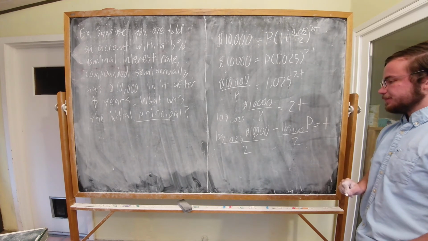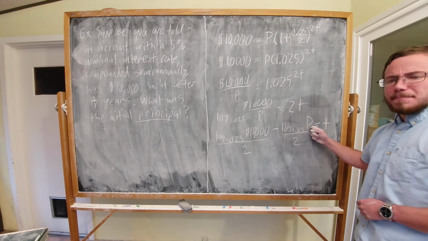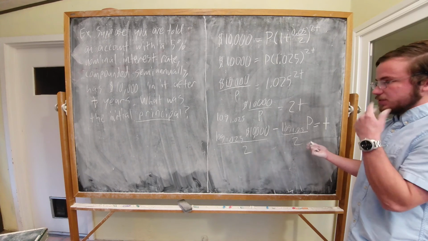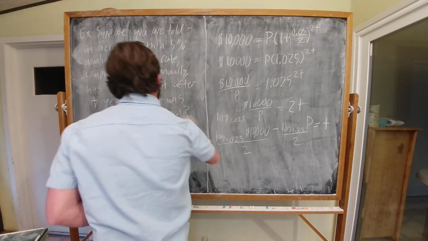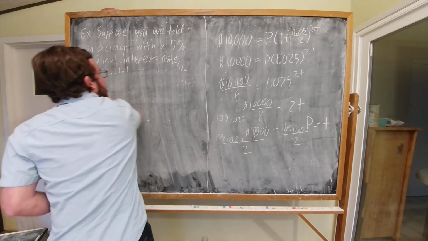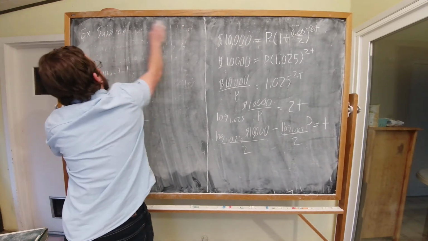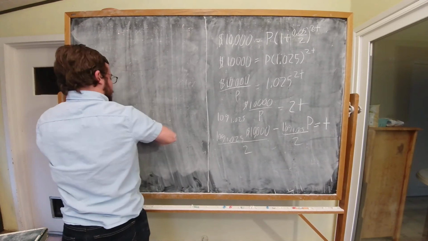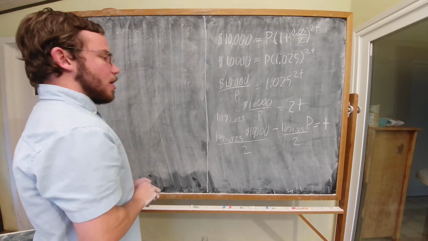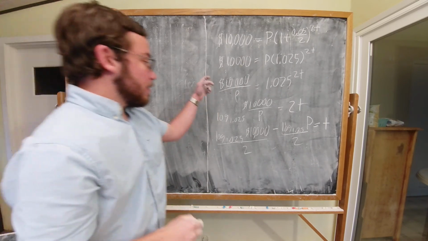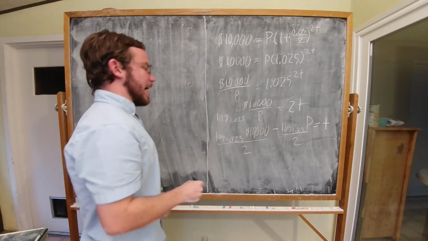we get t. We're trying to rearrange to get P in terms of t, so let's do it. We'd add this on both sides and subtract t.